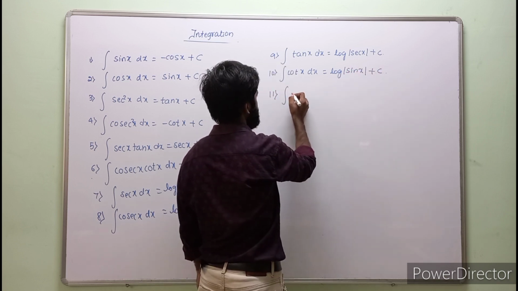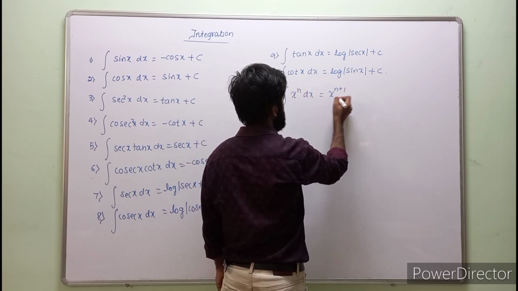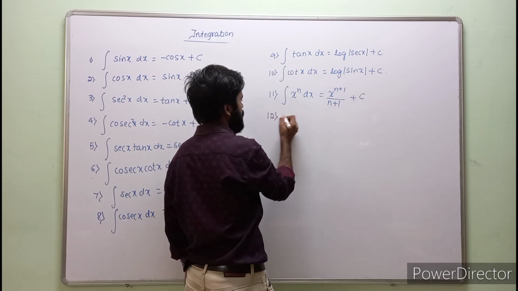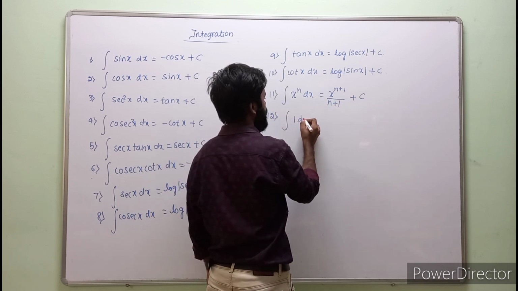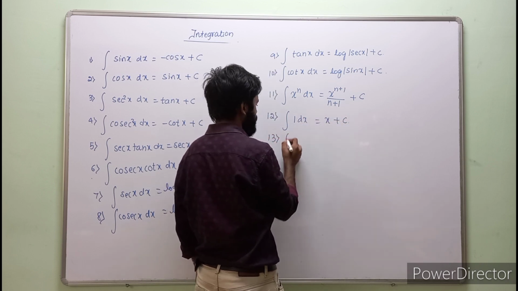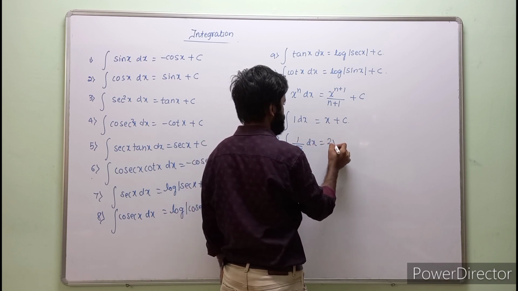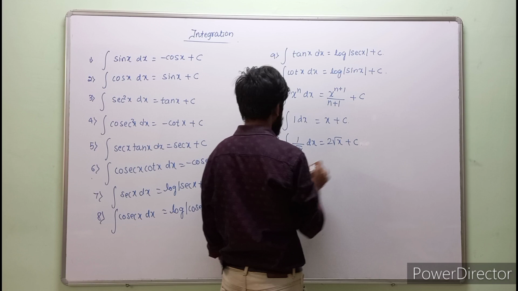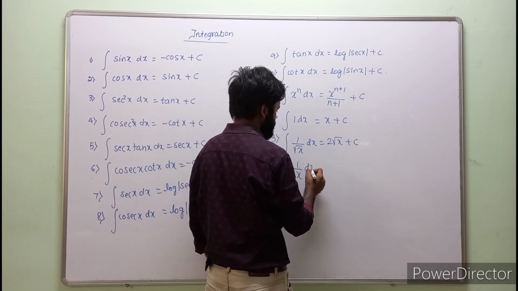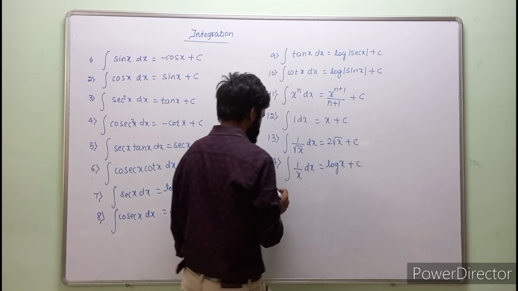11th one, integration of x raised to n dx is x raised to n plus 1 by n plus 1 plus c. 12th one, integration of 1 dx is nothing but x plus c. 13th one, integration of 1 by root x dx is nothing but 2 root x plus c. 14th one, integration of 1 by x dx is nothing but log x plus c.